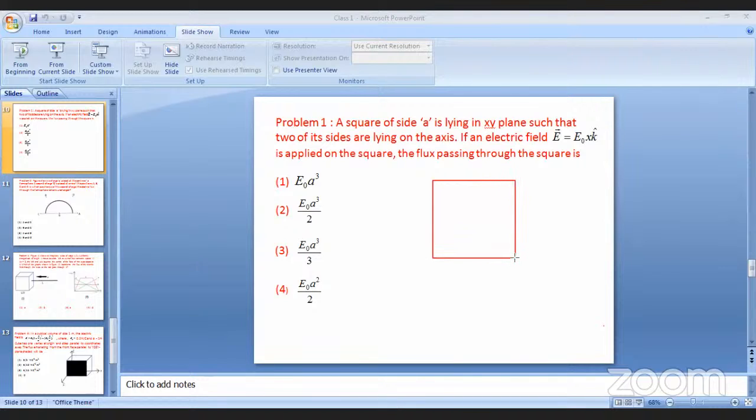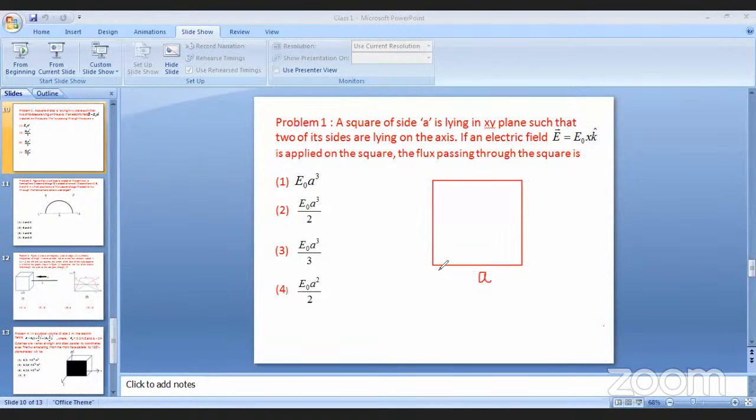Now it looks like a square. The side of the square is small a.